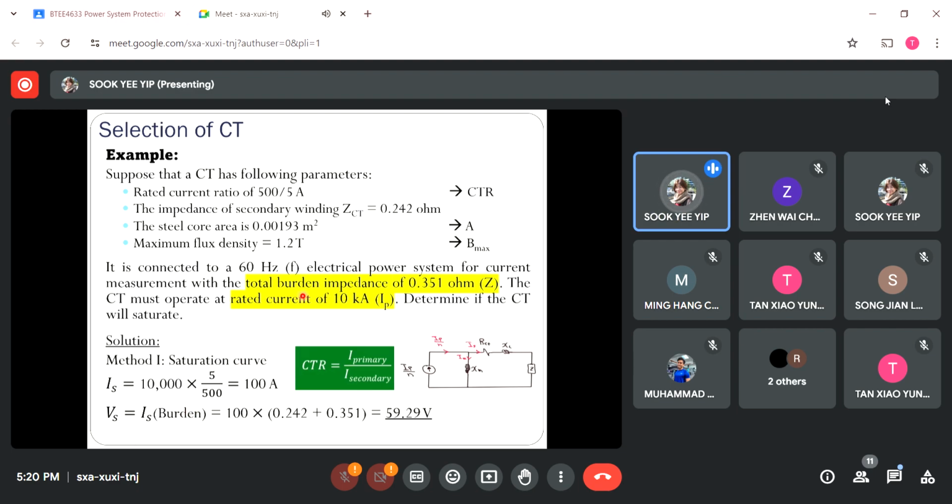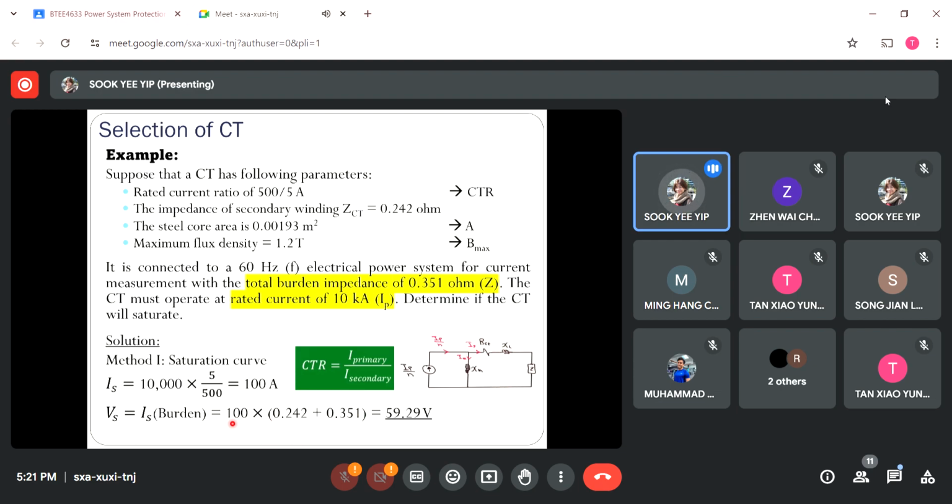So for the question, it states that the burden impedance we have is 0.35 ohms, right? But don't only take this as the burden. Remember, the winding resistance at the secondary side of the current transfer is also considered as a burden. So you have to add these two together. So this value is 0.242, added with the burden value here, purely resistive at 0.351, as the total burden connected at the secondary side.